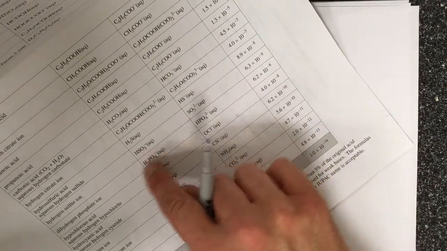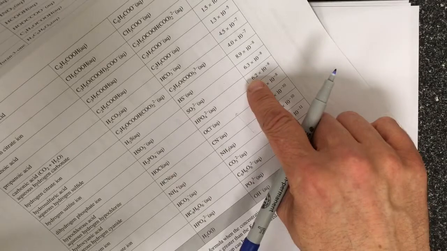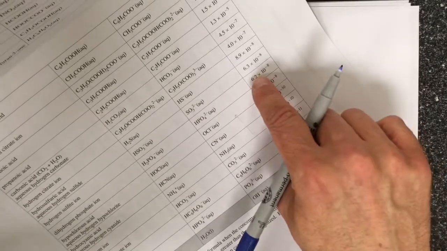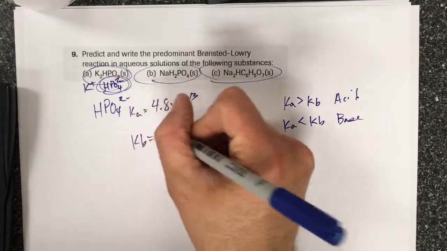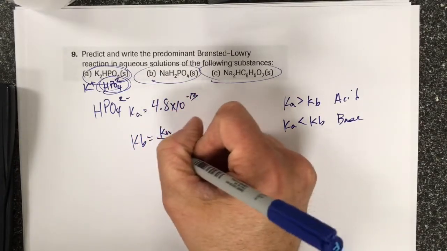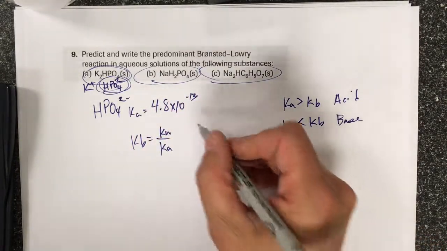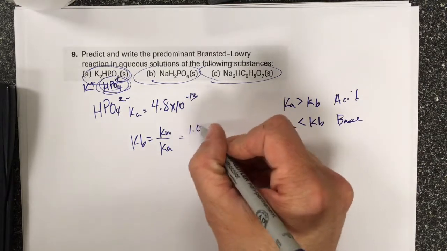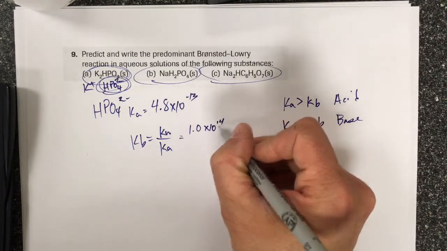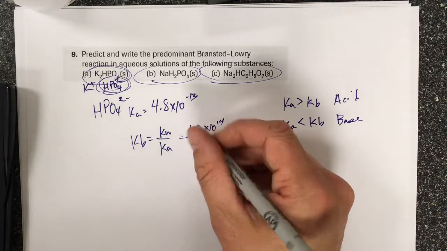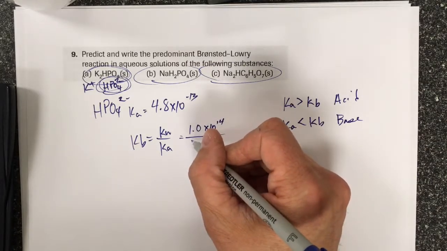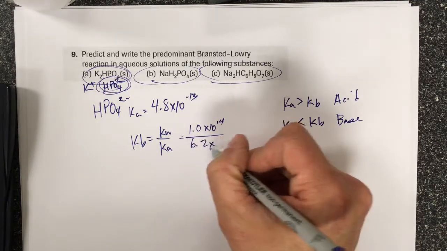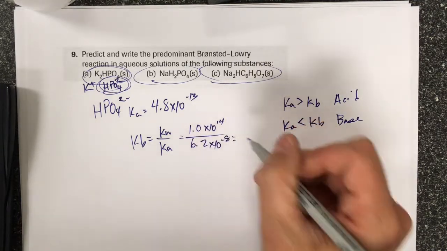So I have to use the Ka of its conjugate acid, and I take Kw divided by this number, which gives me the Kb. So Kb equals Kw divided by the Ka of the conjugate acid, and so it's going to be 1.0 times 10 to the negative 14 for Kw, and the Ka of dihydrogen phosphate is 6.2 times 10 to the negative 8.